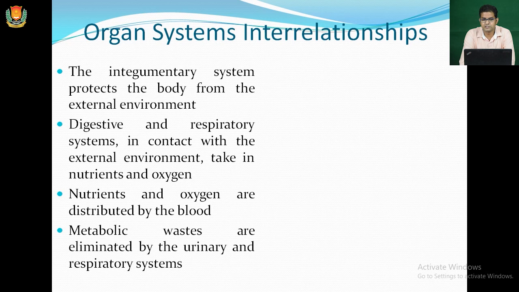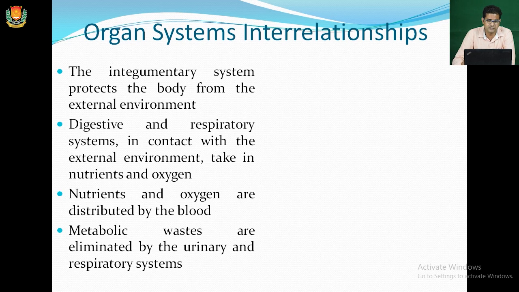Next come the organ system interrelationships. There is a very good relationship between the various organ systems found in our body. Initially, we know that the first line of defense is provided by the integumentary system. Even if any microbes enter the body, there is the blood and the lymphatic system. Apart from this, there are antibodies which engulf and kill these microbes.